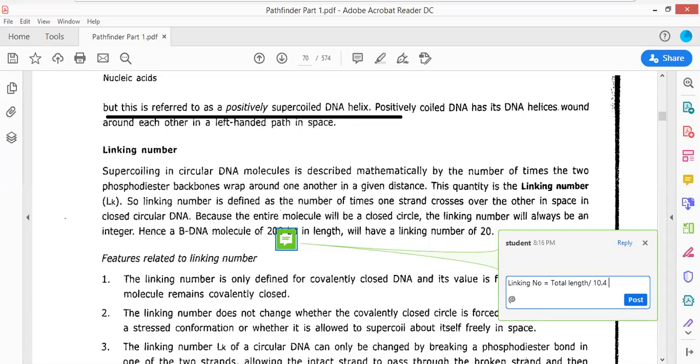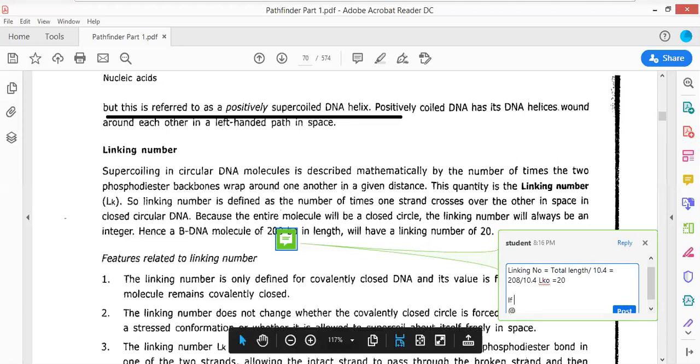So here is what you would be getting: 208 divided by 10.4. So here you got that number, that is 20. Now this 20 will be referred to as Lk naught. I cannot put a naught here, so this would be referred to as the standard linking number.